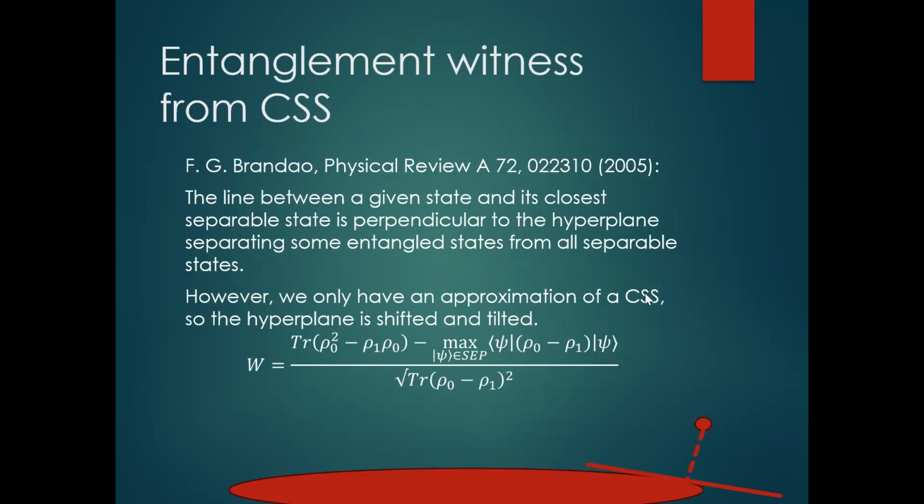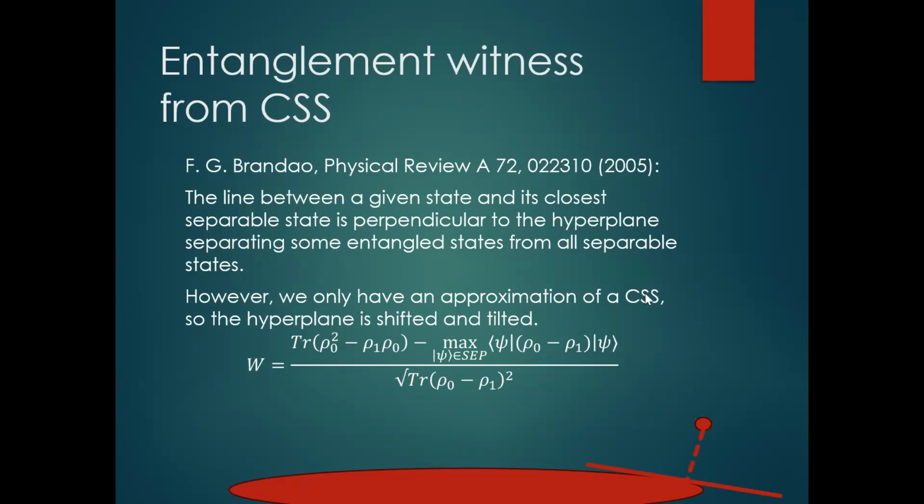So if you have the closest state with respect to Hilbert-Schmidt distance, this constitutes a line which is perpendicular to the hyperplane separating the set from your entangled state. So that's a natural witness, but we don't have it. We only have the approximation.